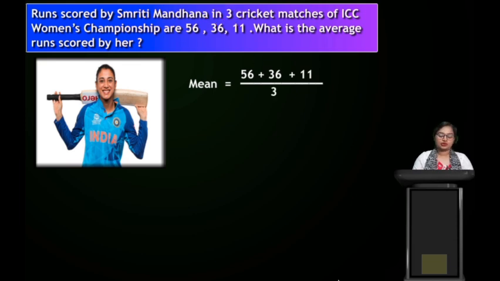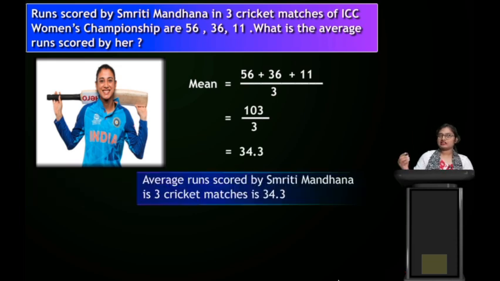So the mean is the sum of these 3 scores divided by the number of matches. What is the sum of these 3 scores? Yes, it is 103. When we divide 103 by 3, we get 34.3. So this is the average run or mean run scored by Smriti Mandhana. As you can see here, the average runs scored by Smriti Mandhana in 3 cricket matches is 34.3.